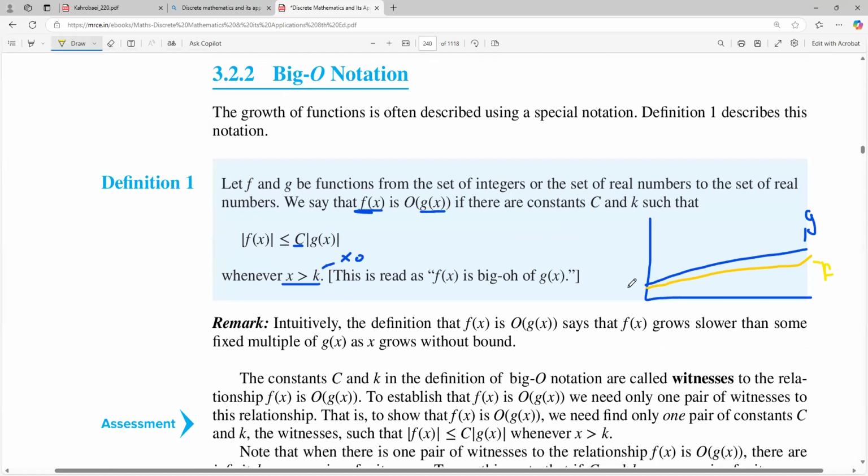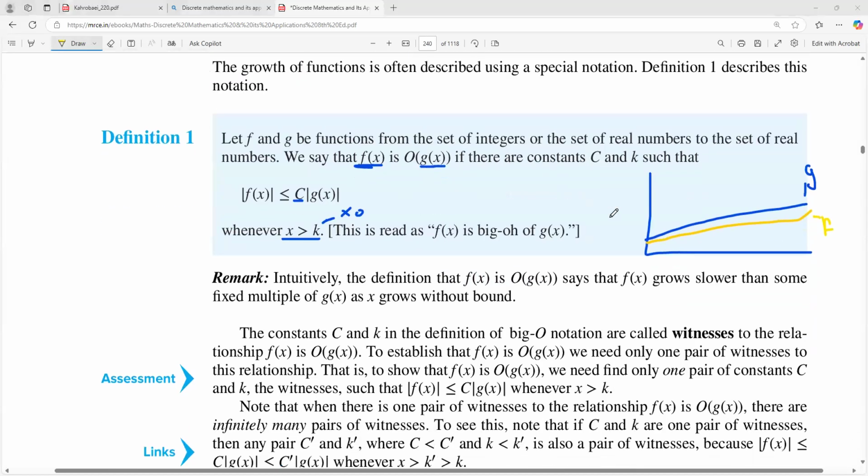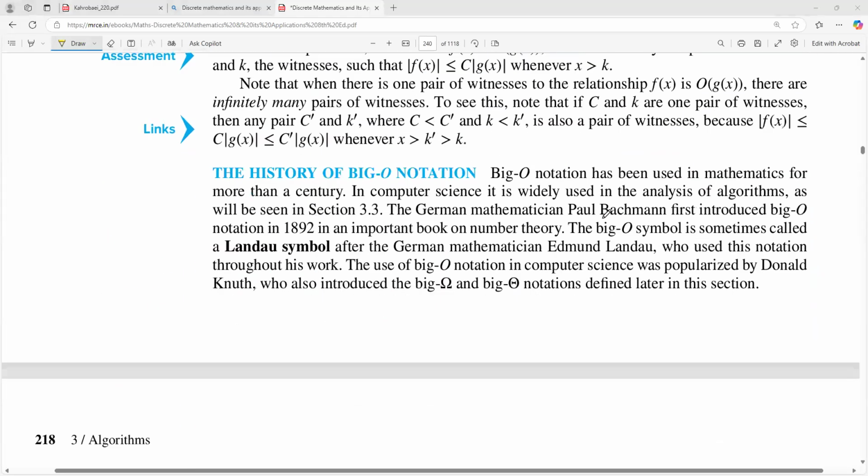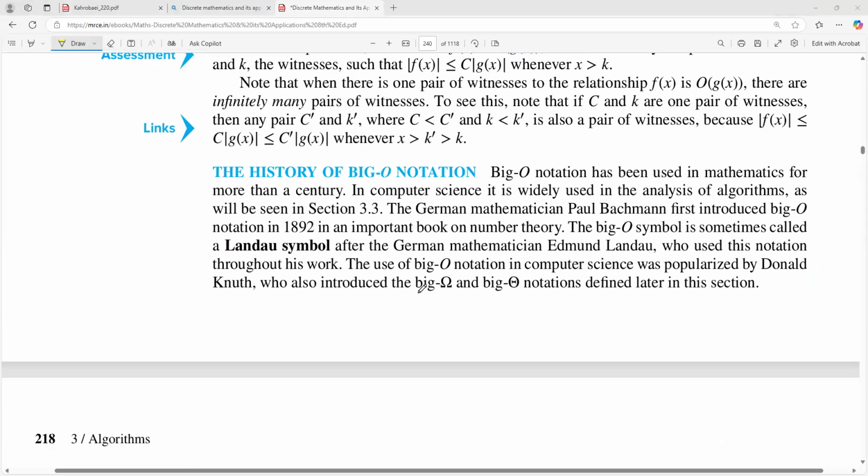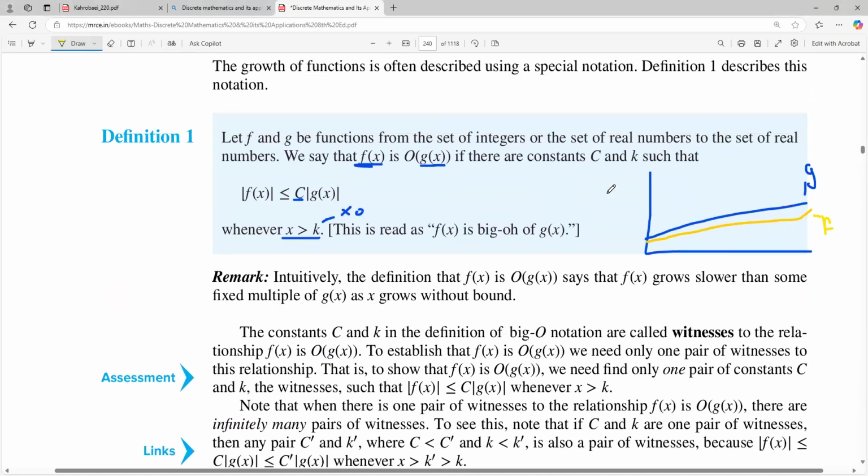Other notations include big omega, big theta, and I think even little o. But those are different. Usually the most popular and the most useful is big O notation.